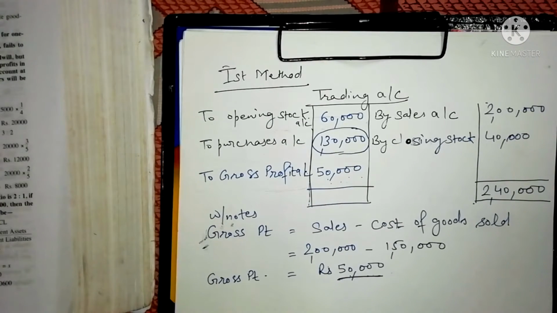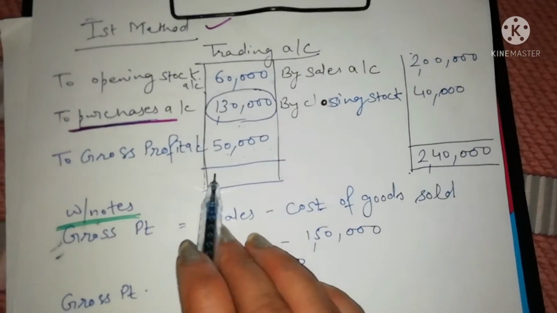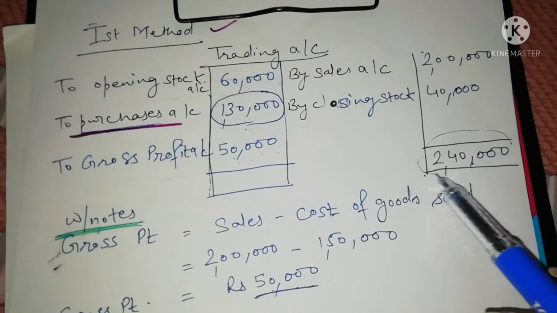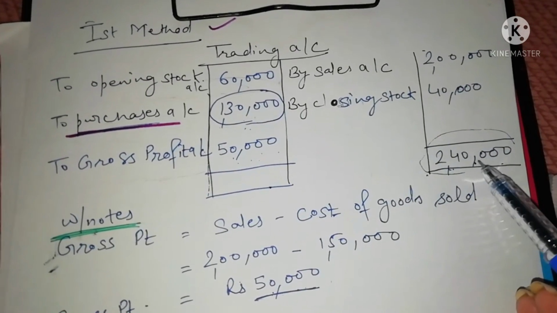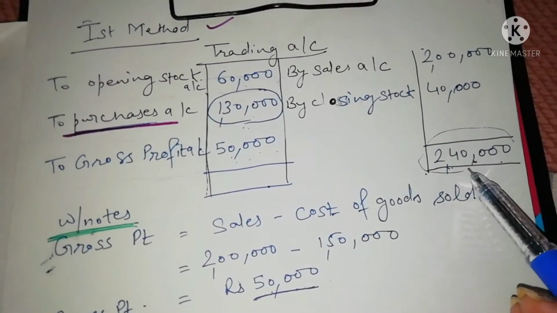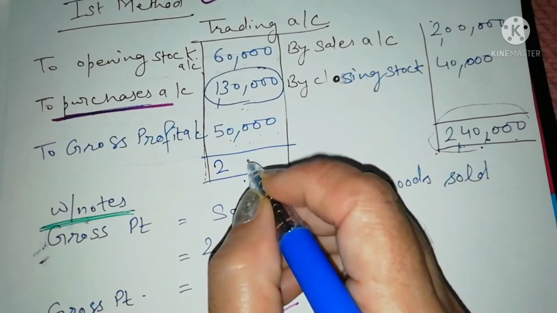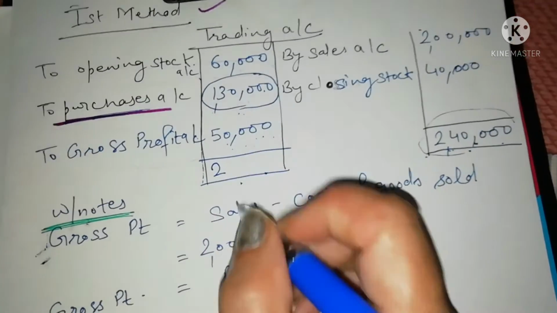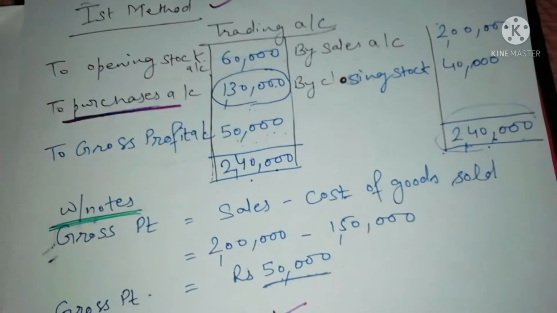Now we will add the debit side items, and the total becomes rupees 2,40,000, which is equal to the credit total of the trading account. It represents that the debit side is equal to the credit side. Both sides must be equal, otherwise there may be something wrong in our calculation.